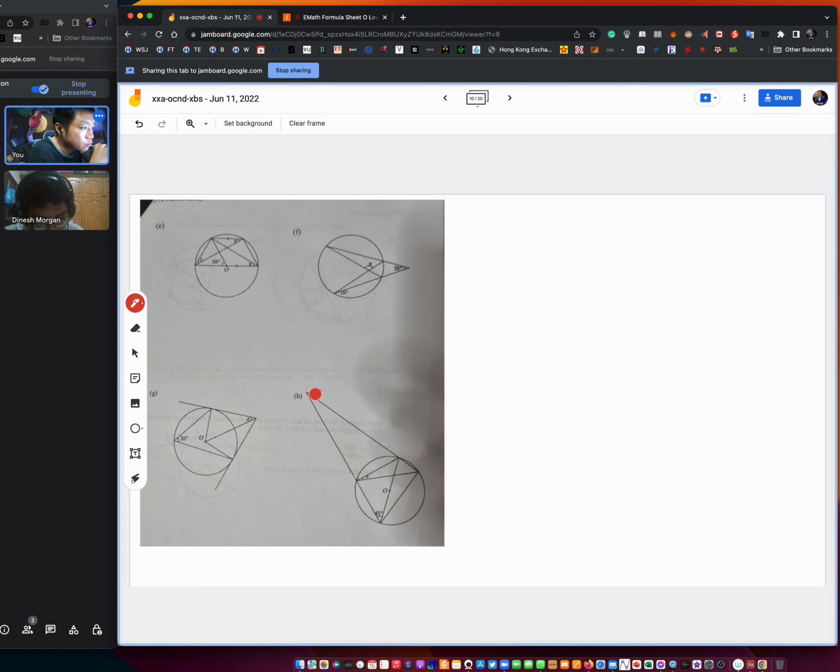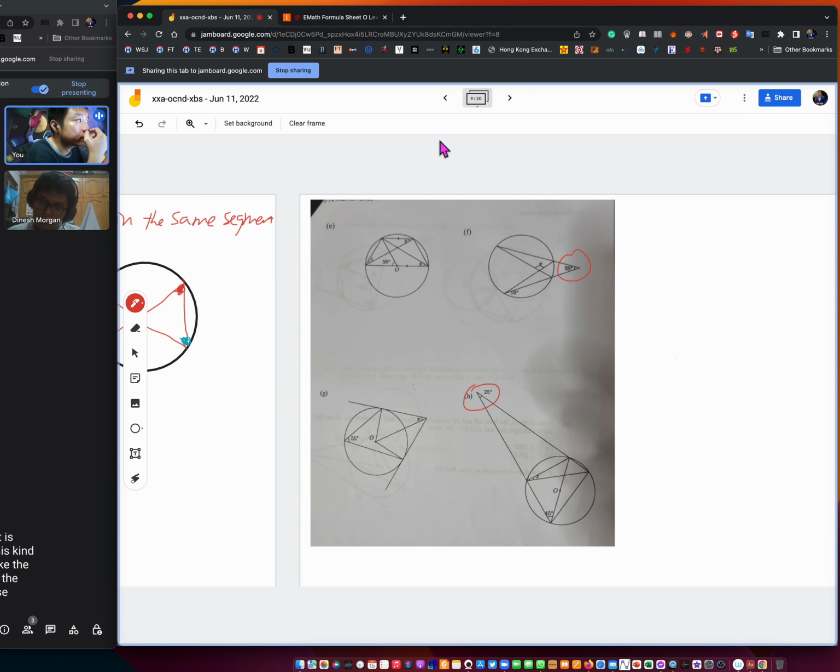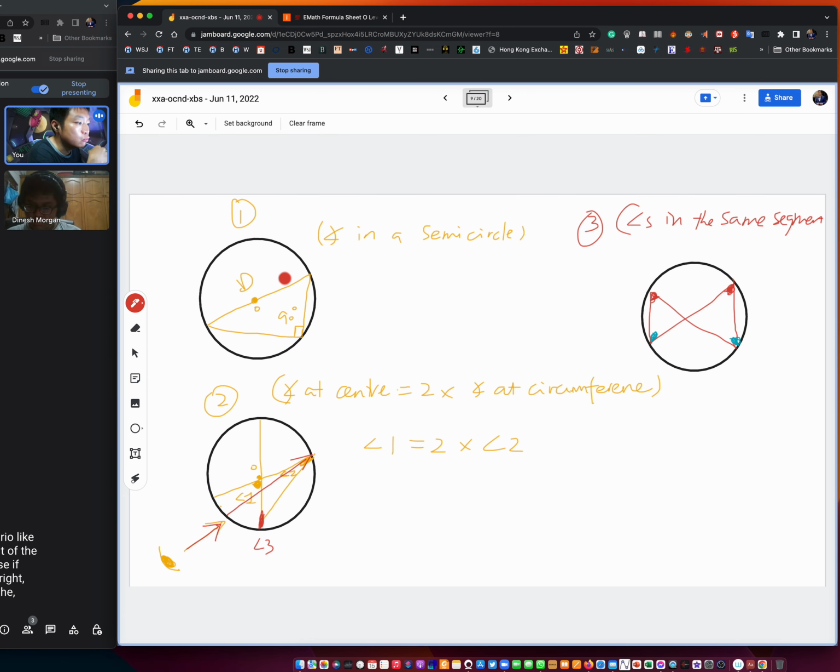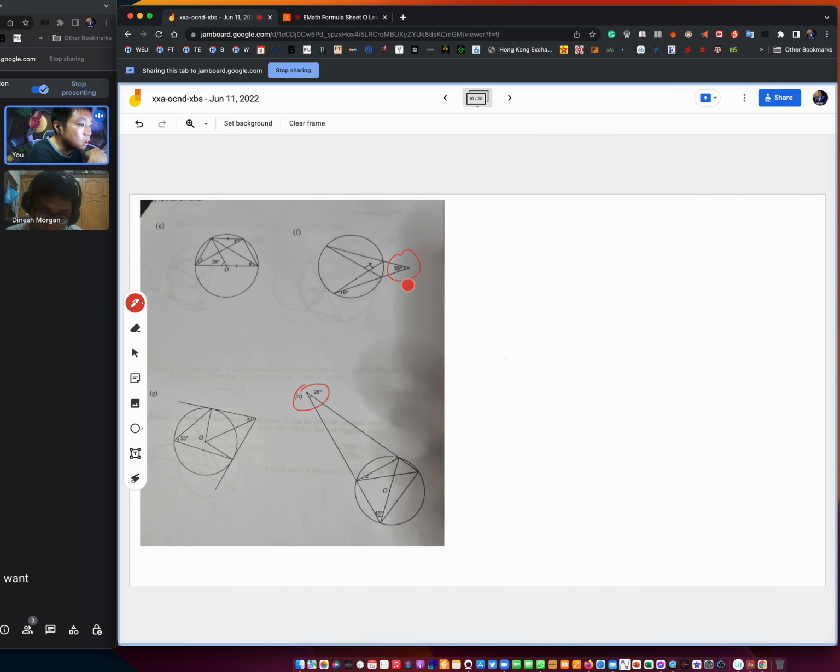Because I start to see that you have this 25, they are out of the circle already. So I don't know whether there is one more rule relevant to this kind of scenario, where the angle is out of the circle. If you observe rules number 1, 2, 3 here on slide 9, they are all inside the circle. This one is also out of the circle already.